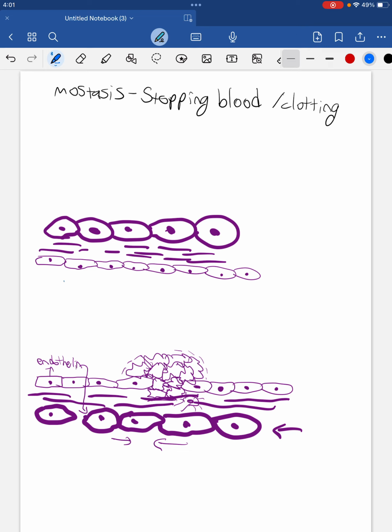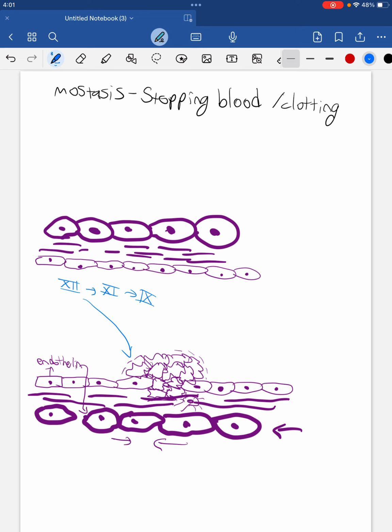Factor 12 is going to interact with these negative charges on the platelet plug to become activated. And this also activates factor 11. Factor 11 activates factor 9.